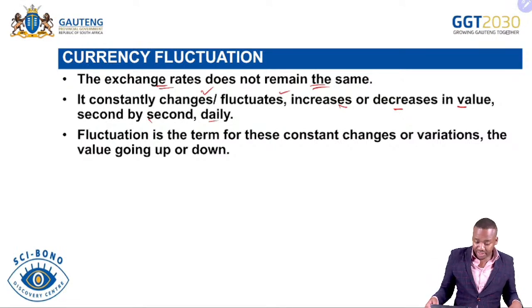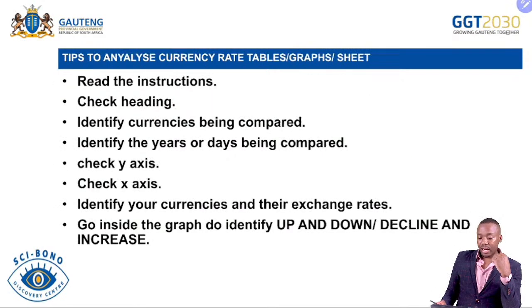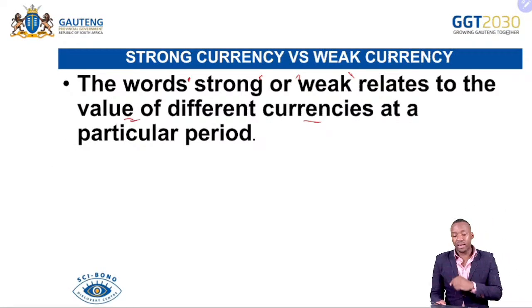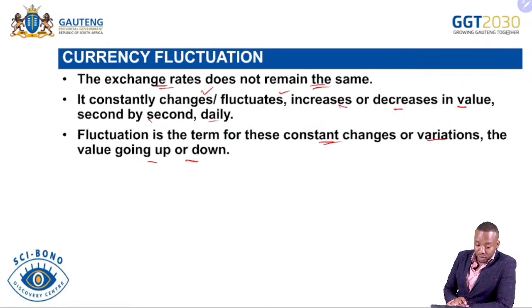Fluctuation is the term for these constant changes or variations, the value going up or going down. Hence, we are saying it is linked to a strong and weak rand. So currency fluctuation is the day-to-day changes in the value of one currency in relation to another currency.